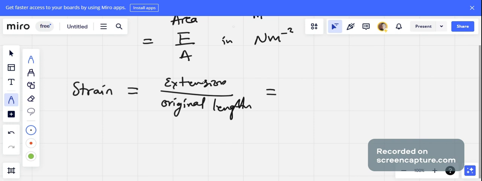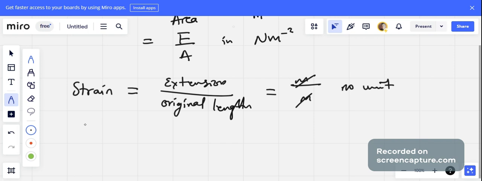And extension is a length in itself. Its unit is meter. And the original length is also in meter. So meter will cancel meter, thereby making strain have no unit. So strain has no unit.